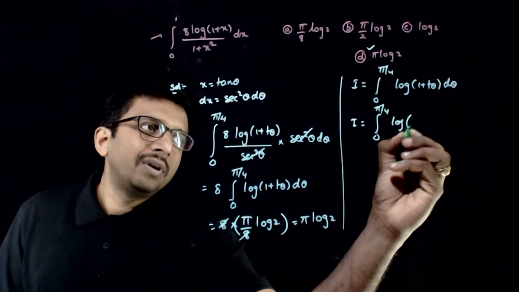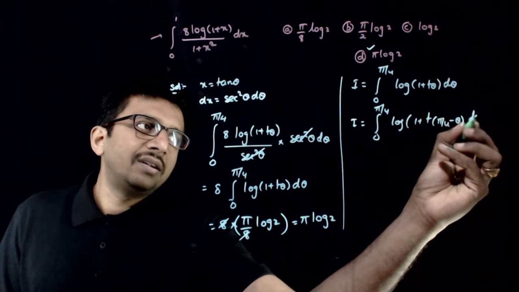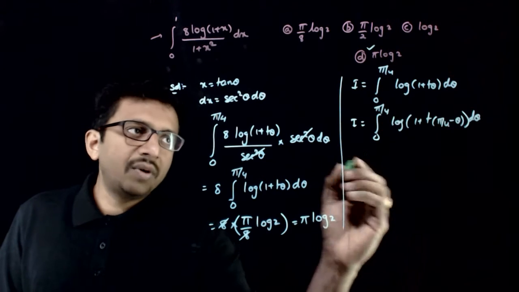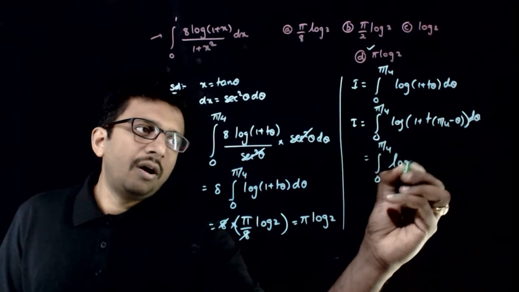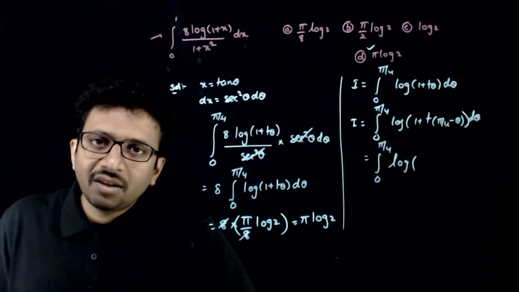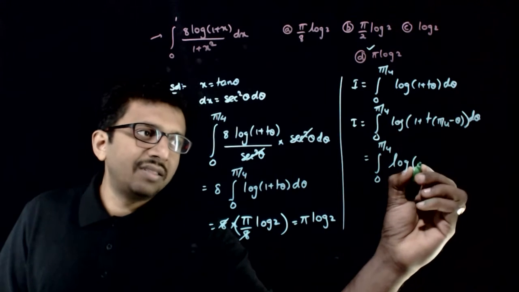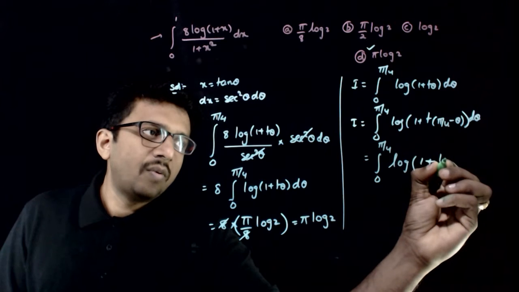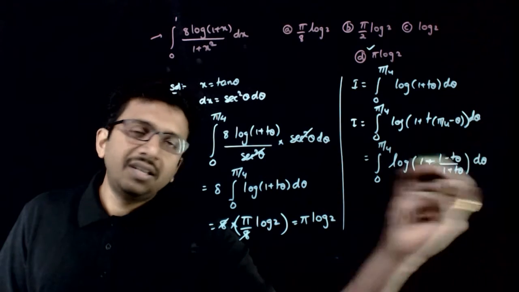So log of 1 + tan(π/4 − θ) dθ. I'll just expand tan(π/4 − θ), which is (1 − tan θ)/(1 + tan θ). So 1 + (1 − tan θ)/(1 + tan θ) dθ.